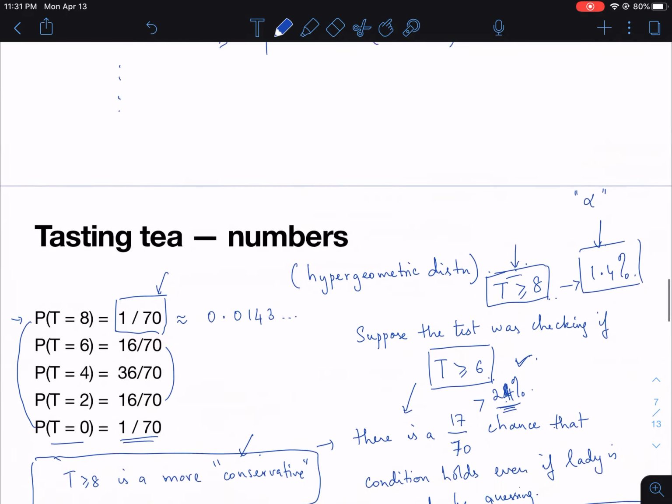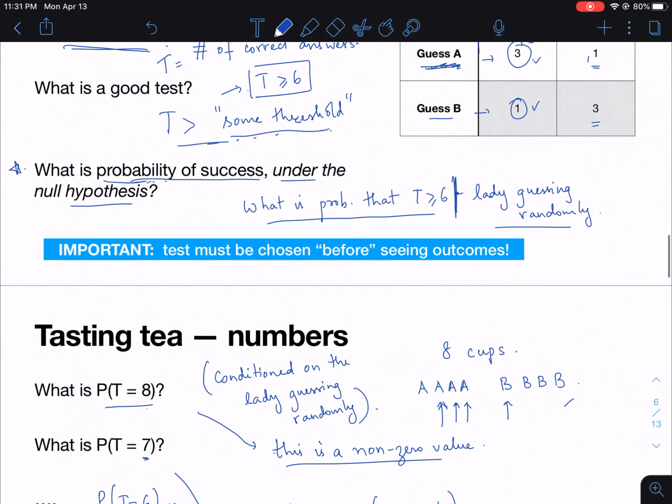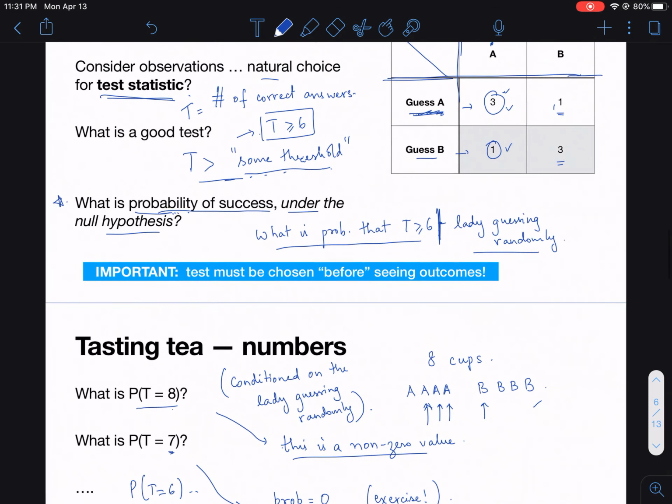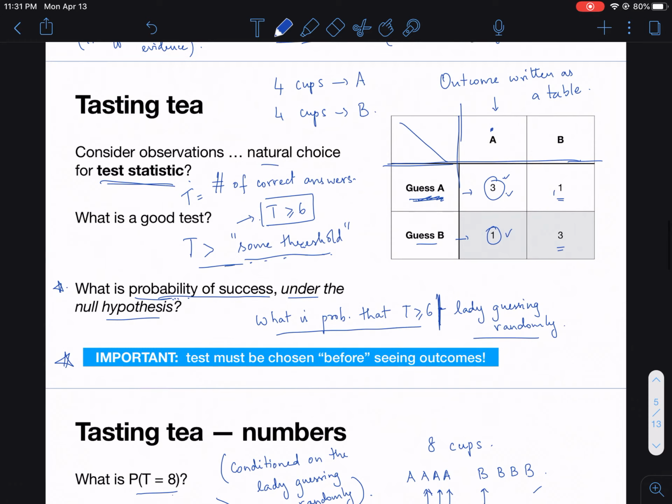Okay, so there is one point that I kind of missed here, which is that it is very important in hypothesis testing that the test condition, the test criteria and the test statistic must be chosen before actually seeing the outcomes.